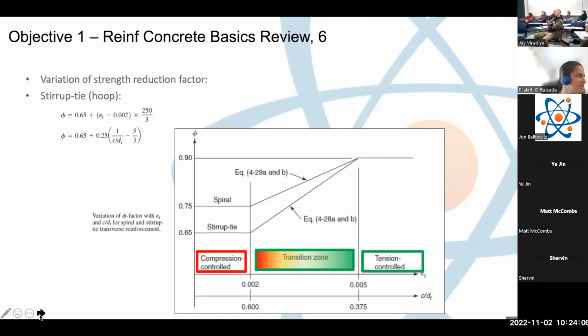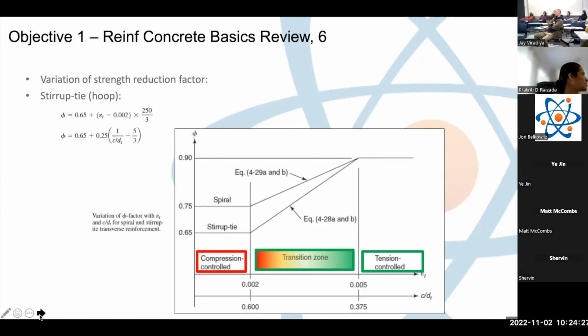And that is the craziest thing. Why would you design something to fail? And the answer is we want to be able to control how it fails. And the way we normally say it in the industry is running room. That if a structure is going to fail, we can see it fail and everybody can run off the structure.